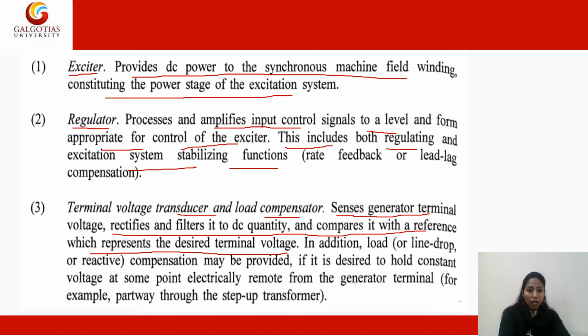In addition, load or line drop or reactive drop compensation may be provided if it is desired to hold constant voltage at some point electrically remote from the generator terminal, for example, partway through the step-up transformer. So it is used for that purpose.